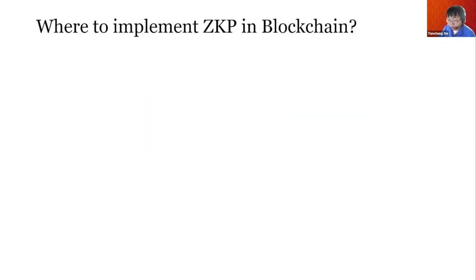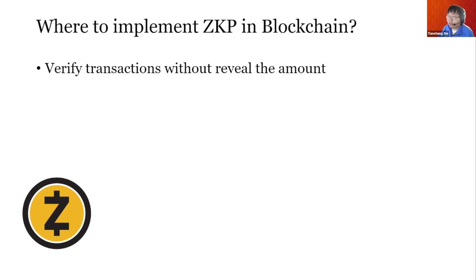So why is this so important, especially in blockchain? Because it has some very interesting applications, such as Zcash. It uses zero-knowledge proofs to verify transactions.